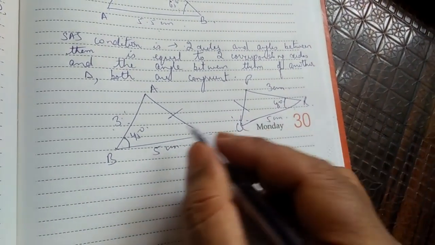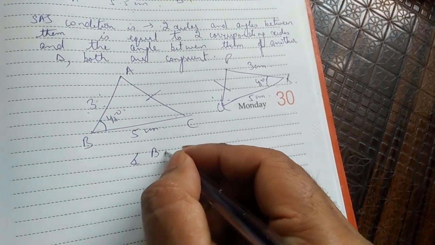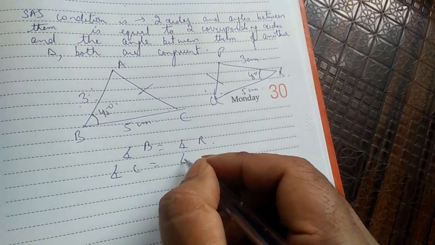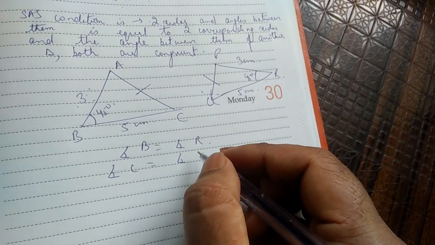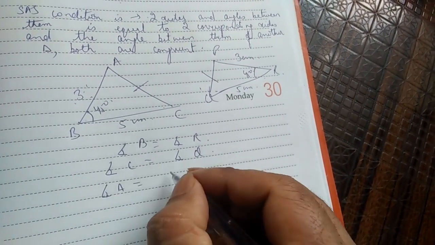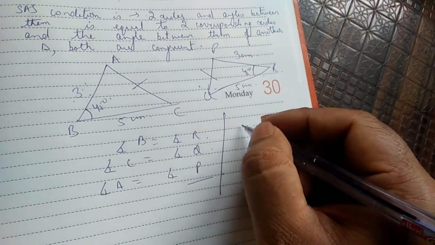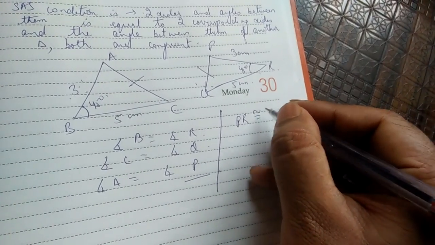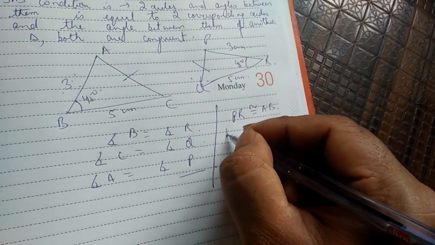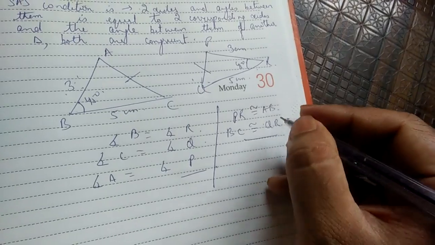So in this case, corresponding angles are: angle B is equal to angle R, angle C is equal to angle Q, angle A is equal to angle P. These are the corresponding angles, and corresponding sides are PR corresponding to AB, BC corresponding to QR, or RQ rather.